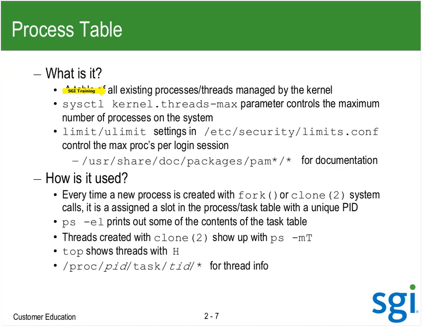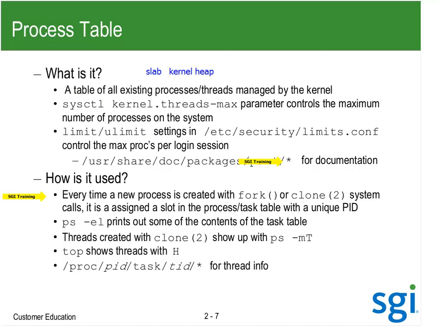The threads-max controls the maximum number of processes on the system, but there's also, on a per-user basis, the limit and ulimit command, and in /etc/security/limits.conf. I do advise sites to configure that and drop down my thread limit on a per login session. And there's documentation on that.